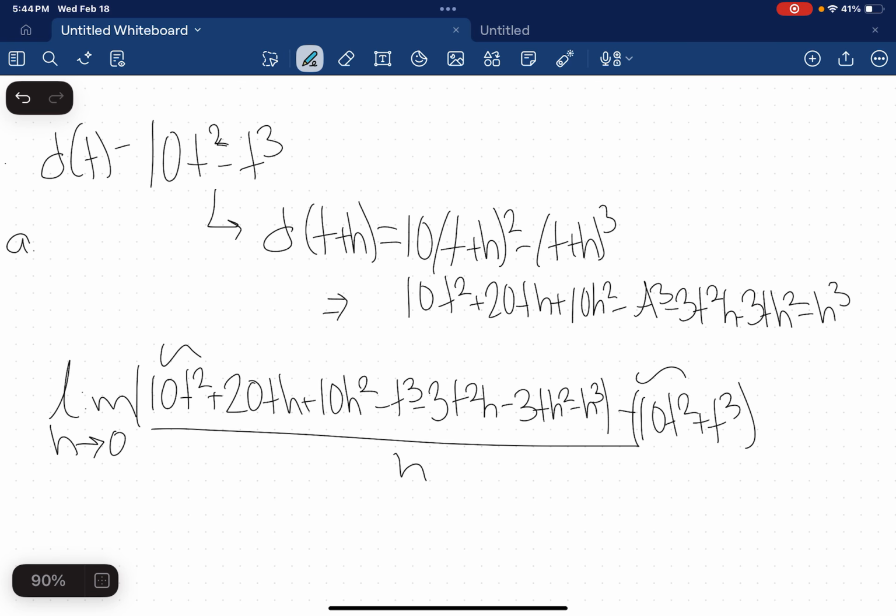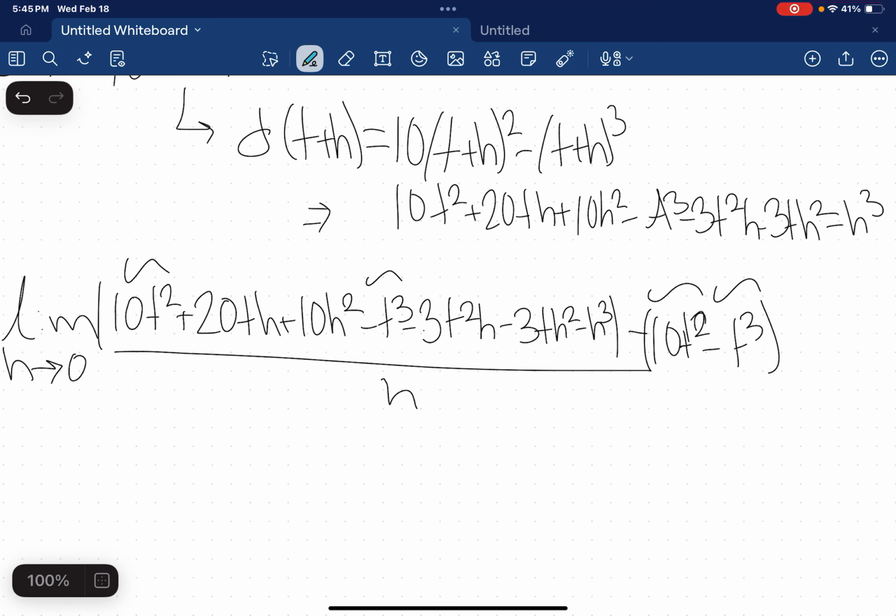The 10t squared cancel out. The t cubed cancel out. What else cancels? I think that's all that cancels.